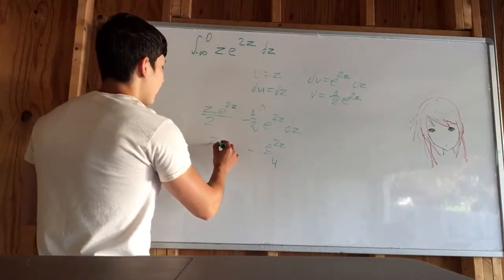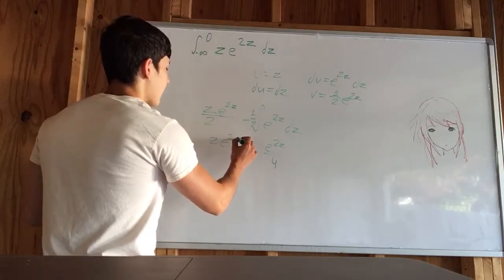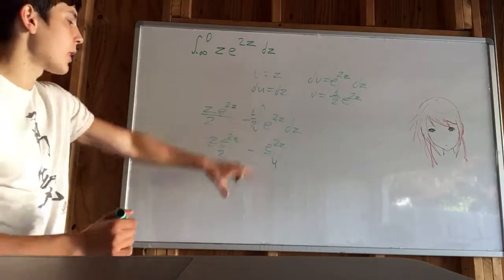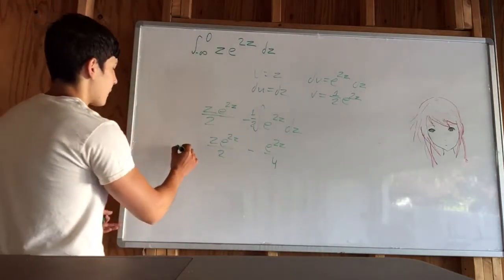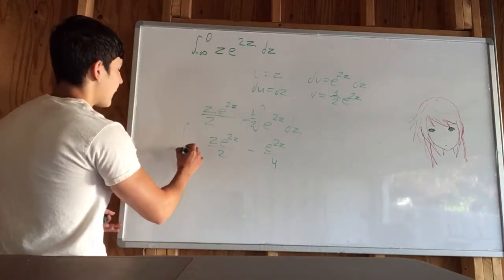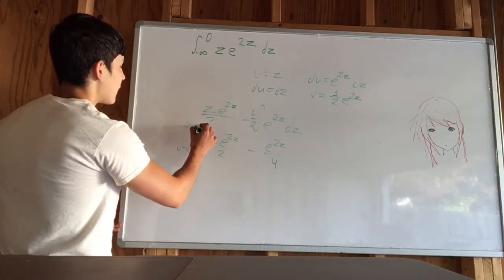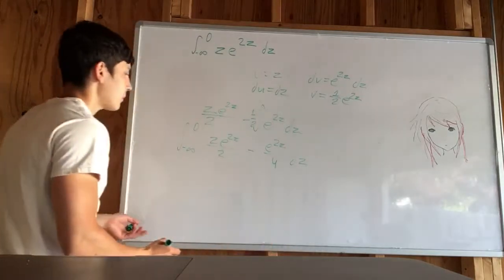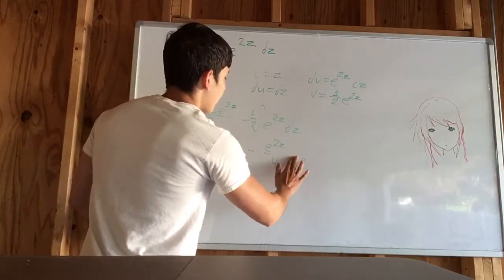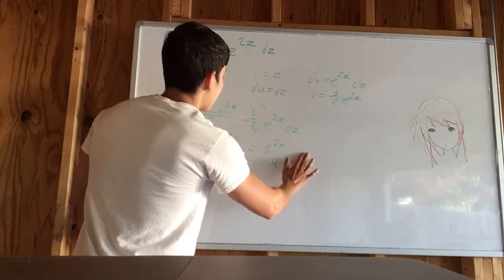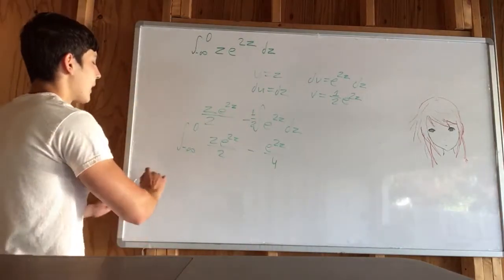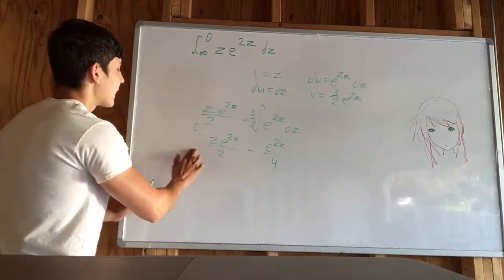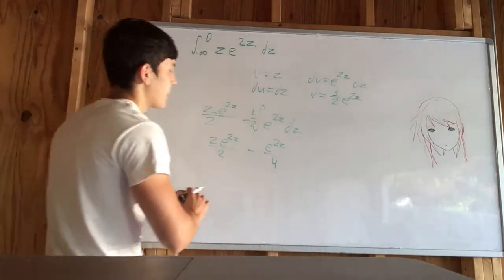So now that we've integrated by parts, we could go ahead and work with our two separate pieces of this. We've got negative infinity to 0 of this.